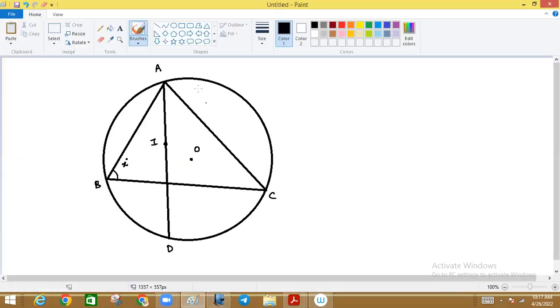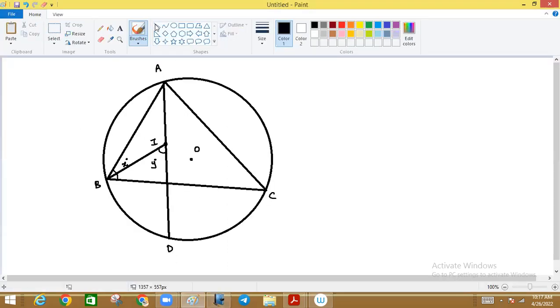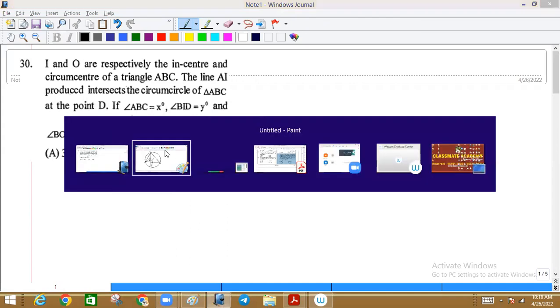BID is y degrees, and BOD is z degrees. So what is he asking? (x plus z) by y.